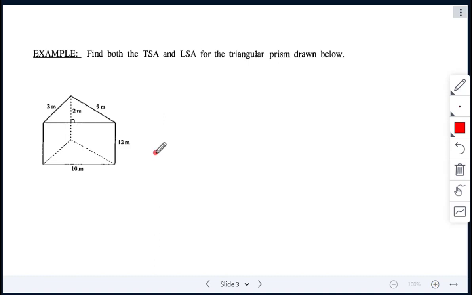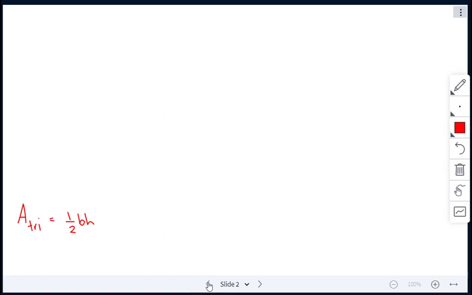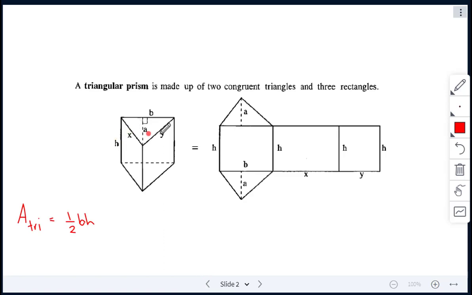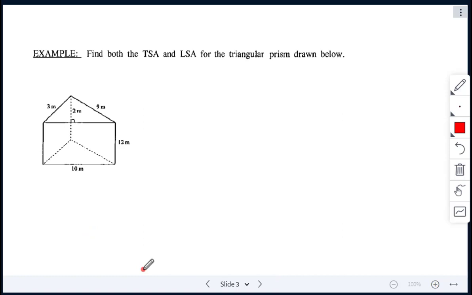So if we go back to this image here, we're using an X and the Y to represent those two other sides of the triangle. We will use that in our formula as well. All right, so the formula of the total surface area: there's two triangles, so 2 times 0.5 AB, representing altitude and base.